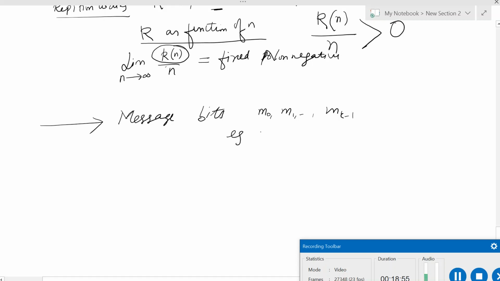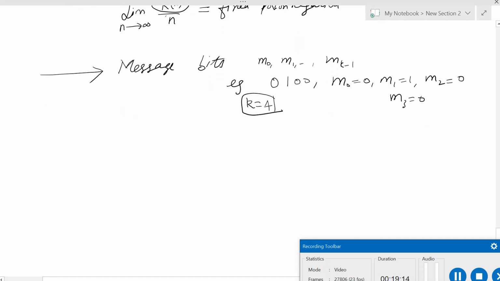As an example, if your message bits are 0 1 0 0, so m0 is 0, m1 is 1, m2 is 0, m3 is 0. So your k is here 4, the message bit length. And I can represent the overall message as a vector m0, m1, m2, m3 up to m k minus 1. As an example, I can represent this m as 0 1 0 0.